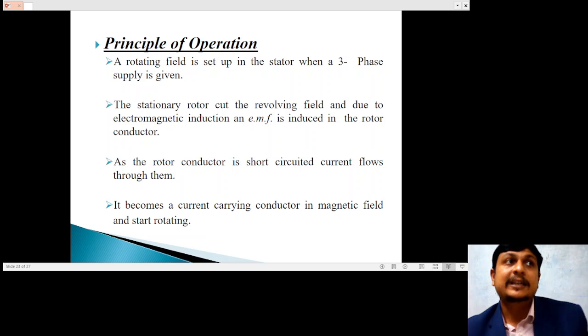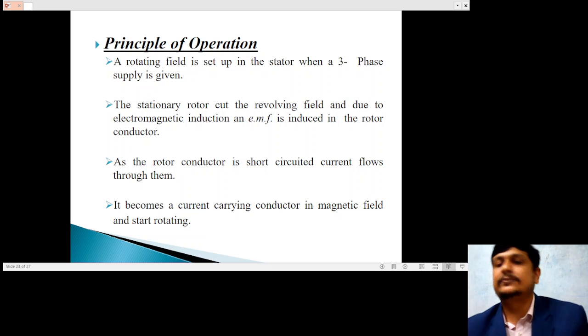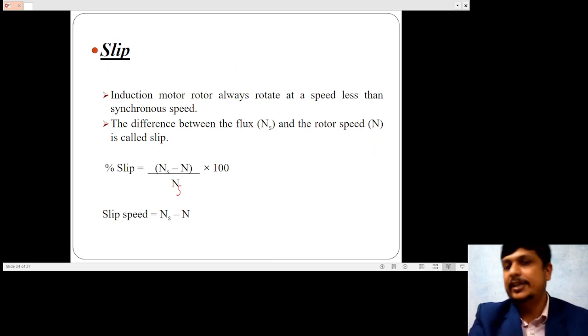What is synchronous speed? Synchronous speed is the speed at which the rotating stator magnetic flux revolves around the stator periphery. The rotor tries to catch up with synchronous speed, but it is unable to. This difference of speed is known as slip.